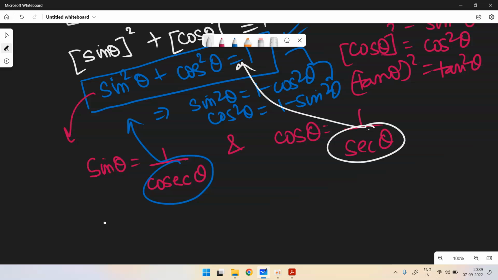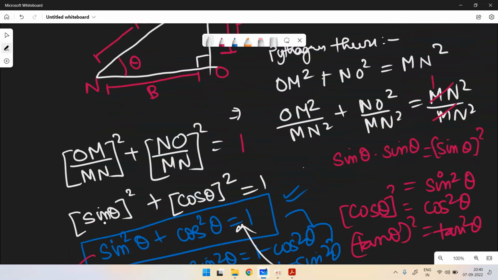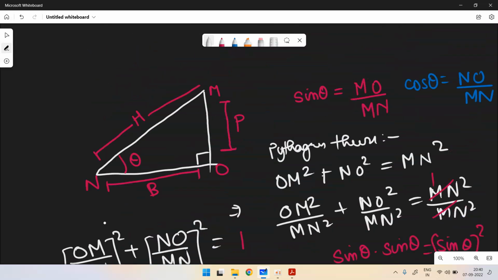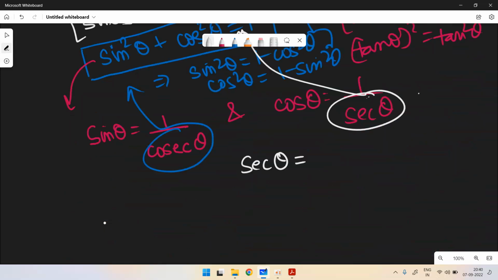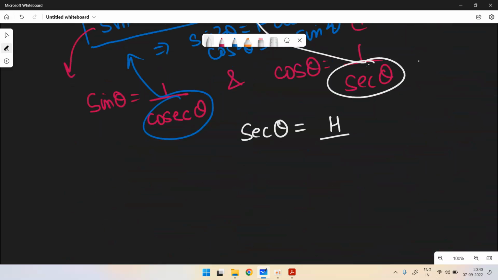Now next, you know that secant theta is nothing but the inverse of cos theta, and from this triangle, secant theta is hypotenuse by base.